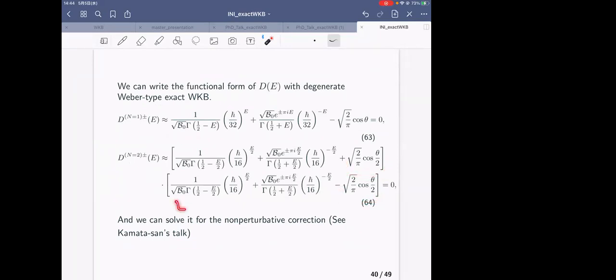So these two factors become identity. Then the energy eigenvalues are degenerate. To obtain this functional form of D, we need a bit complicated calculation. So the next talk, Komata-san's talk, will explain it in detail.